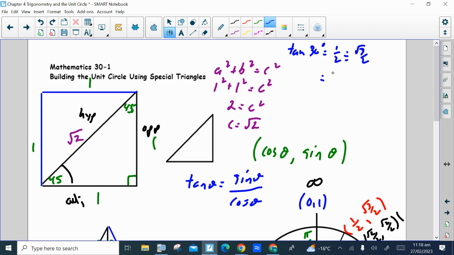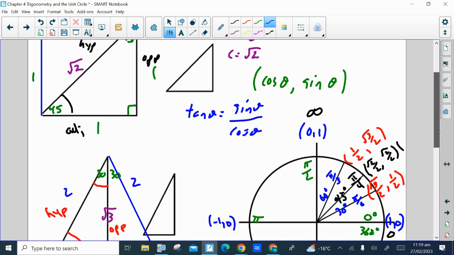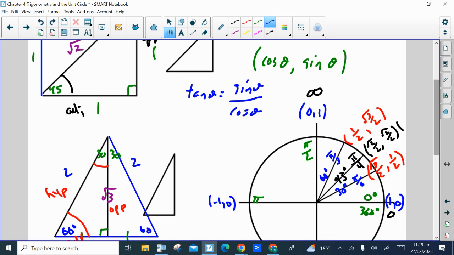And to divide by a fraction, we multiply by the reciprocal. The 2's will cancel, and you'll get 1 over root 3, which if we rationalize that is root 3 over 3. Multiply top and bottom by root 3 to rationalize. That is the value of the tangent of pi on 6 radians.